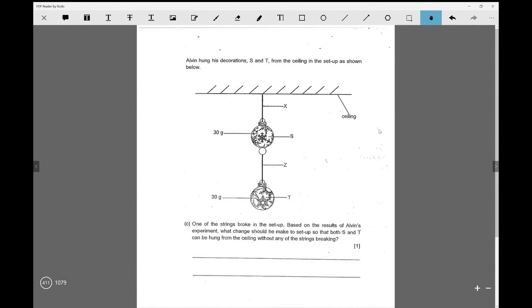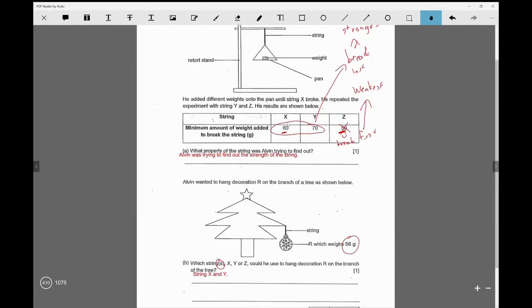So it's a continuation from the previous question. So basically, X is hanging on to 30 gram as well as the weight at the bottom, whereas Z is only hanging on to the weight at the bottom. So let's go and look at the previous one, X and Z. X can support up to 60 grams, Z can support up to 50 grams.